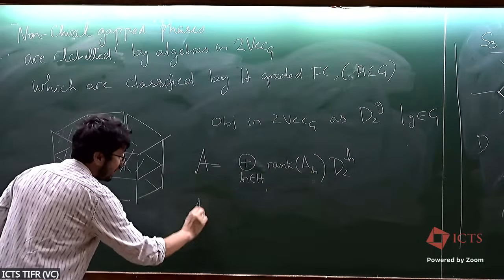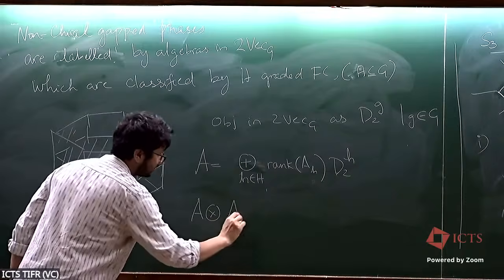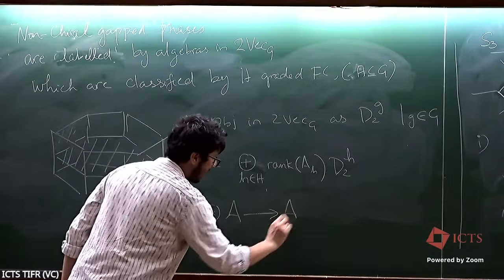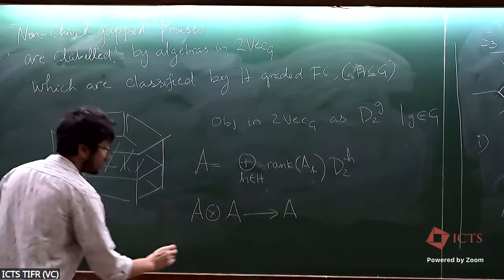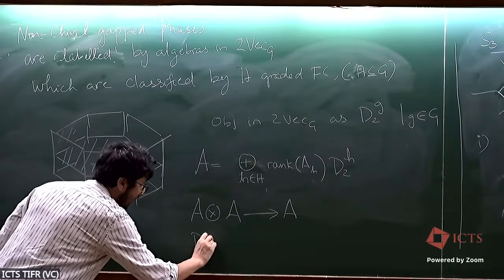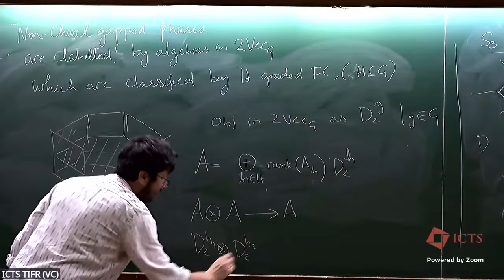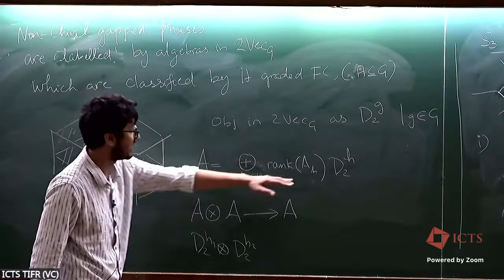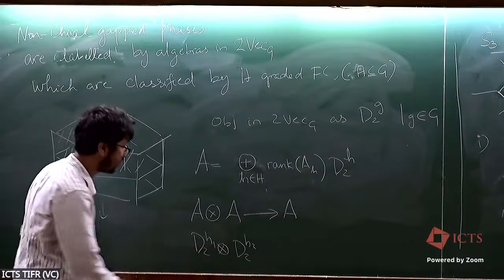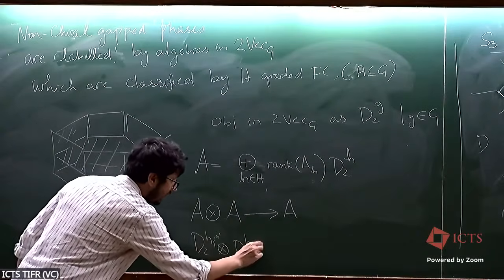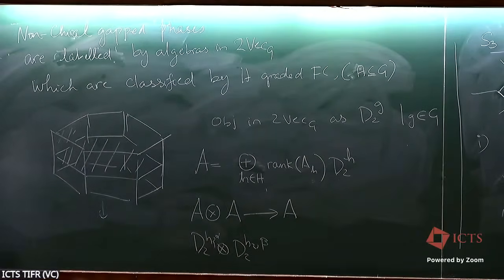So for example, I can take some D2h1 fused with D2h2. And there are as many choices as the rank of h1 and h2, so I can label them by some other indices, alpha and beta.